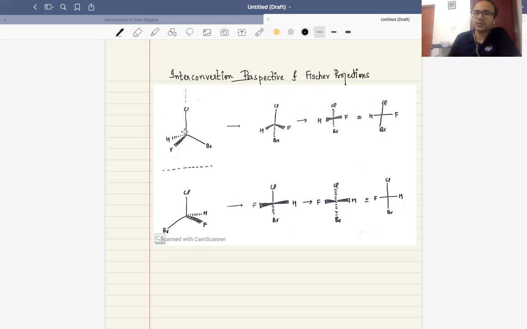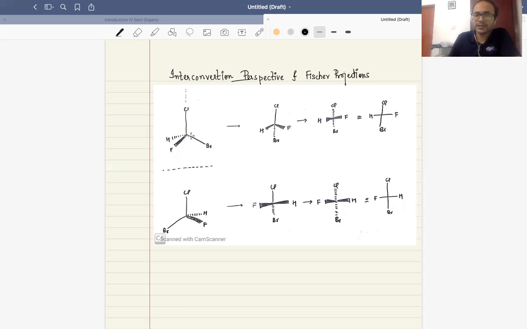When you want to convert this perspective formula into its corresponding Fischer projection formula, a simple way to do it is to consider this CCl bond, that is the top line bond, and consider this axis, which is shown by dotted lines here, and rotate this molecule along this ClC bond by an angle of 90 degrees in an anti-clockwise way.